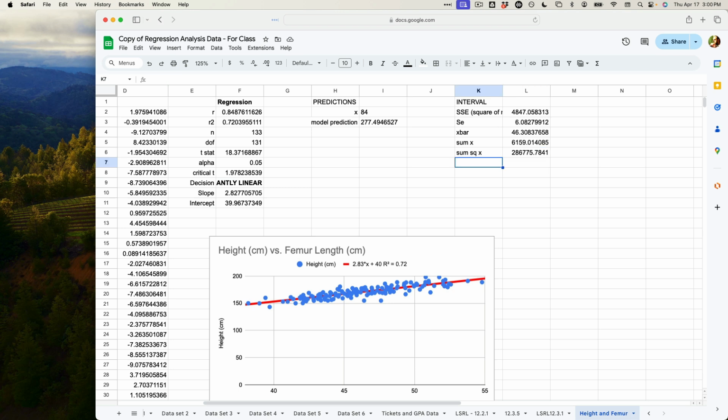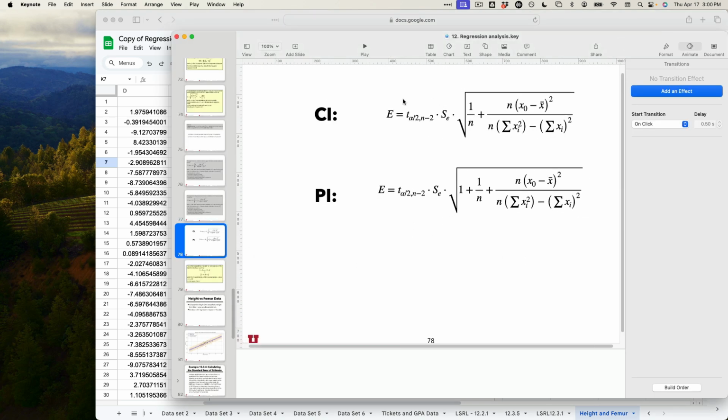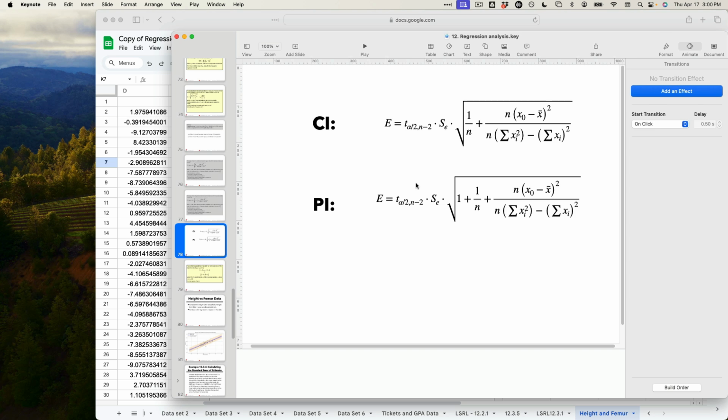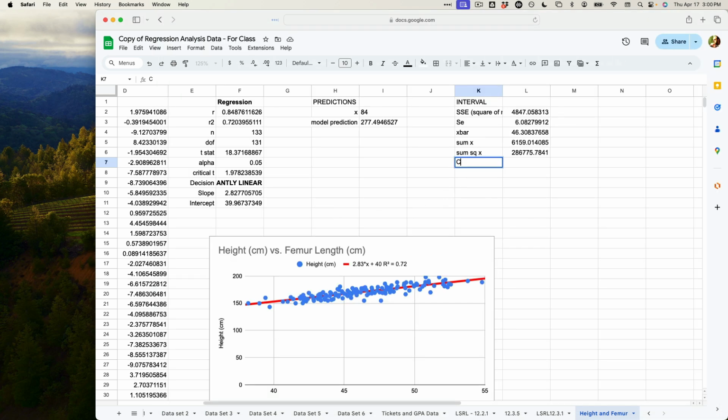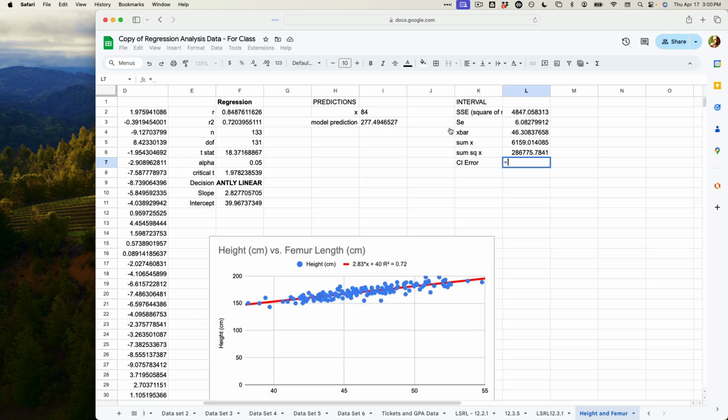Now, I can finally compute my error margin for the confidence interval and the error margins for the prediction interval. So CI error, the error for your confidence interval, is equal to T alpha over 2 times SE, et cetera.